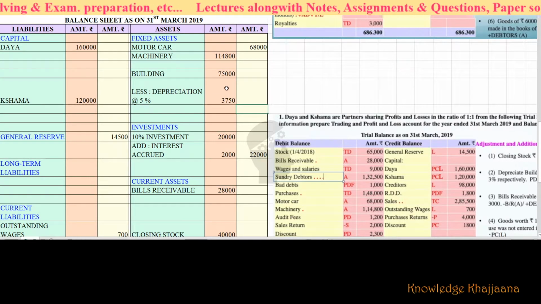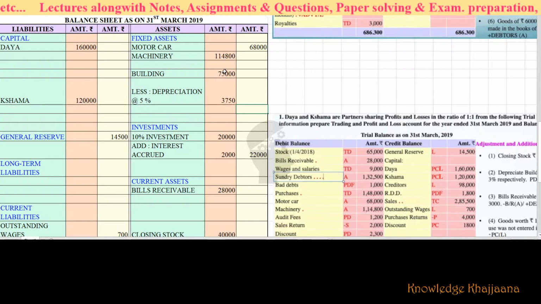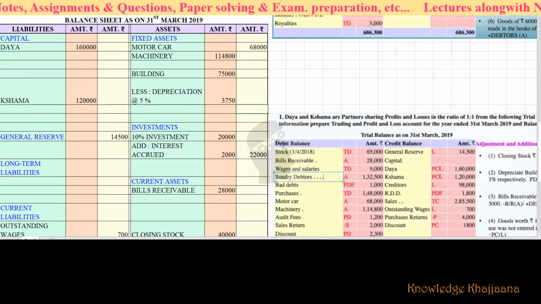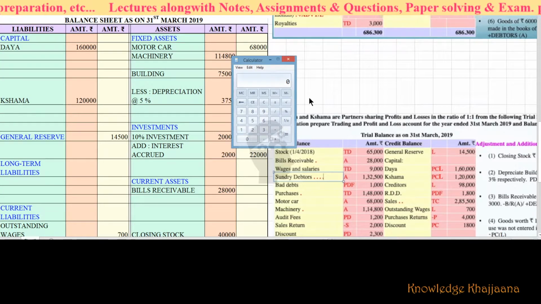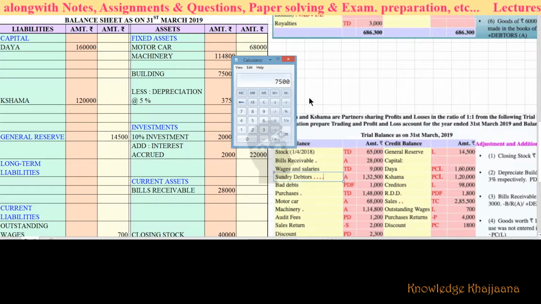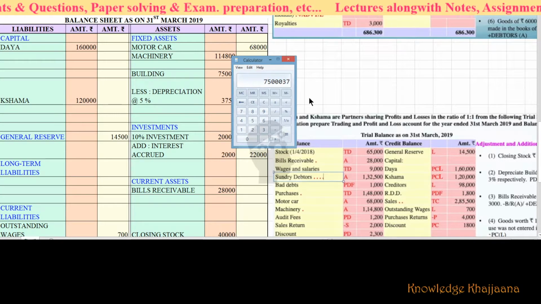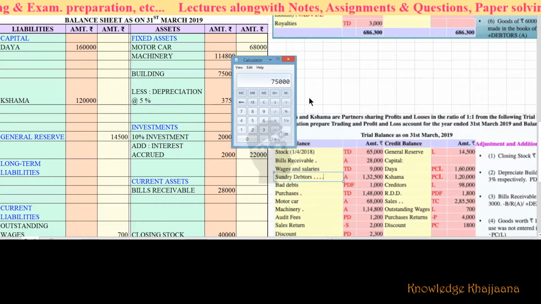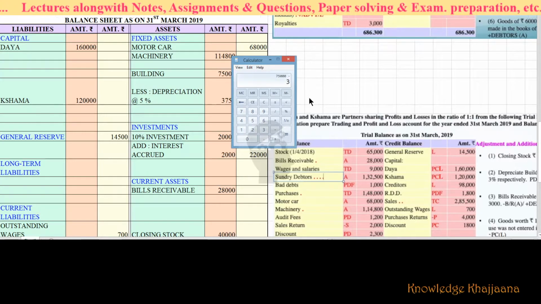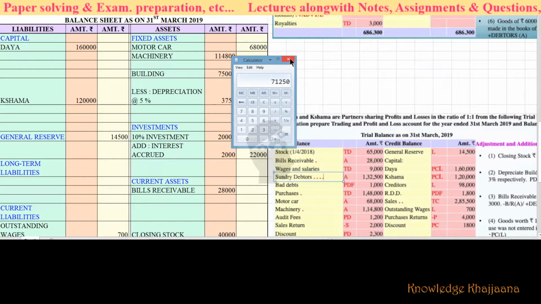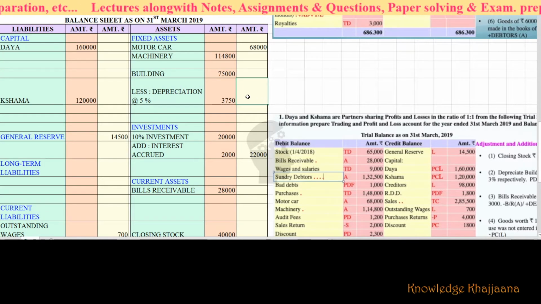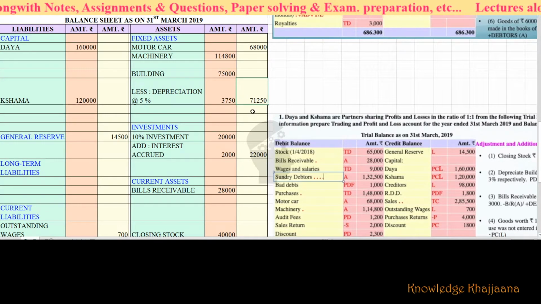So you have to deduct this much of depreciation from building. So how much would be the amount? 75,000 minus 3,750. It is 71,250, right?